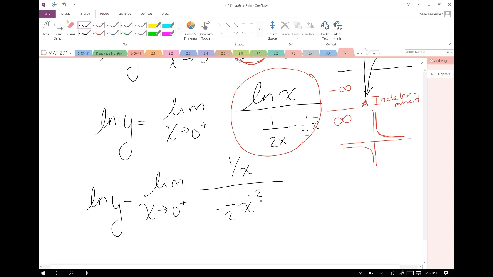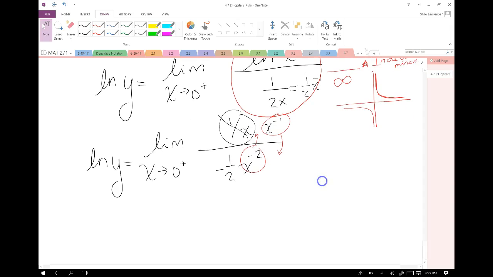And I'm not going to plug 0 into these. I am going to algebraically fix this fraction first. This is x to the negative 1. So these guys both having negative exponents means they want to be moved. That one wants to go up, this one wants to come down. And dividing by a fraction is the same as flipping and multiplying.